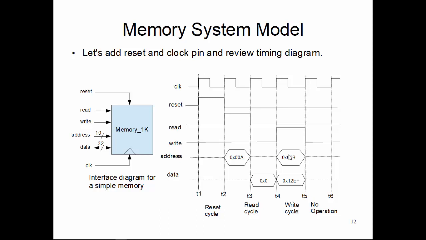Now, the observation point is that during the read operation, don't mess up the data when memory is reading out or giving out some result. What does it mean? Say I want to initiate this write operation between T3 and T4.